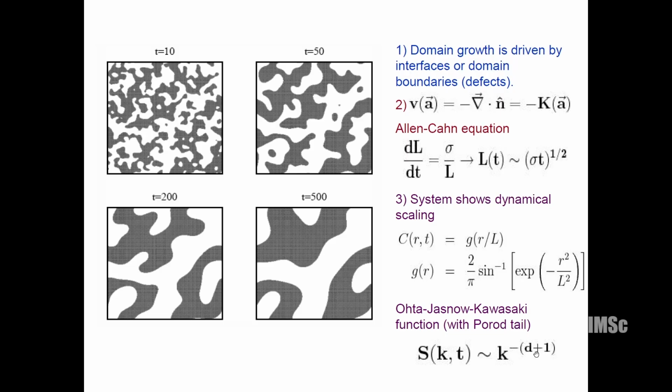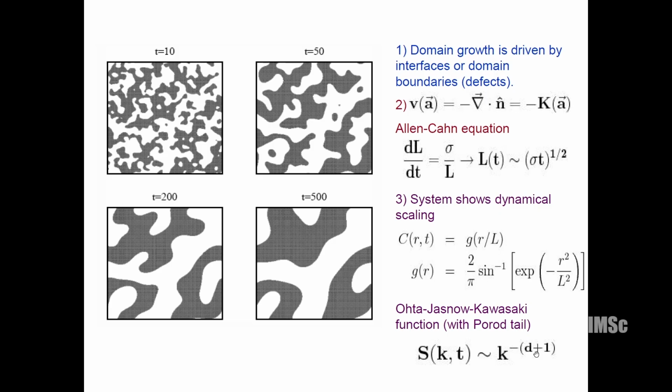Now you can see it reasonably clearly that the correlation function, which in general depends upon space and time because it is a non-equilibrium process, in this case depends on space scaled by the length scale. So there is a scaling variable, and the scaling variable is R over L. Sorry?